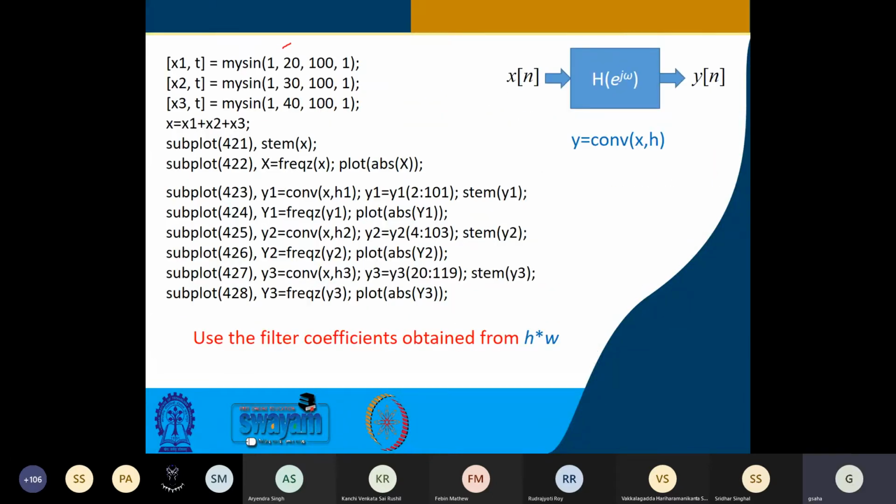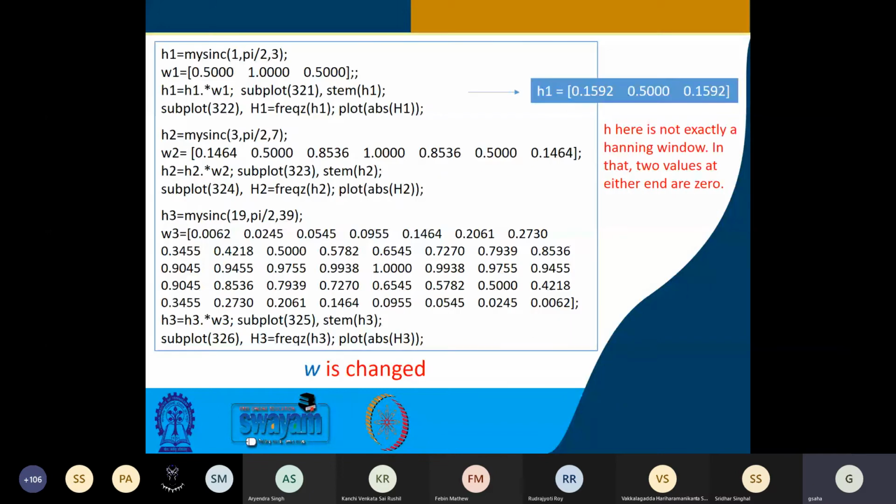Now we look at another kind of weighting scheme, which is what you see over here. Earlier in the Hamming case, you saw that this was 0.08, this was also 0.08, and the middle one was 1.